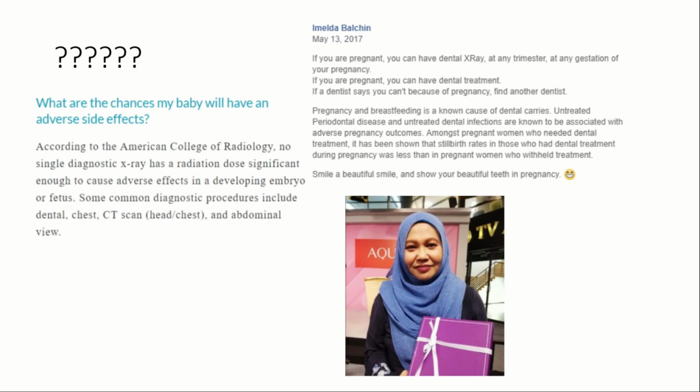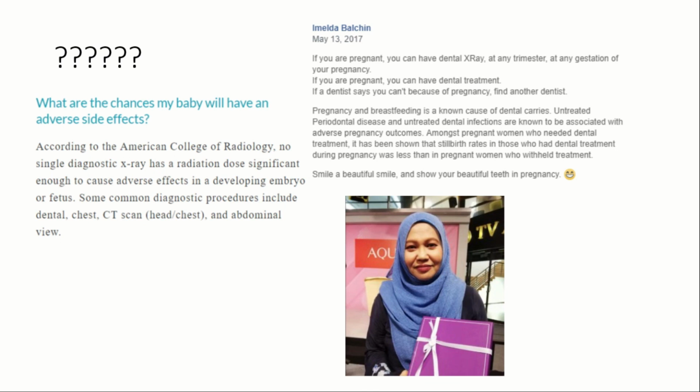As a conclusion, for a pregnant lady you have to postpone any elective procedure, especially in the first trimester, especially X-ray exposure, because during the first trimester organogenesis is taking place, with all the limbs and organs forming.